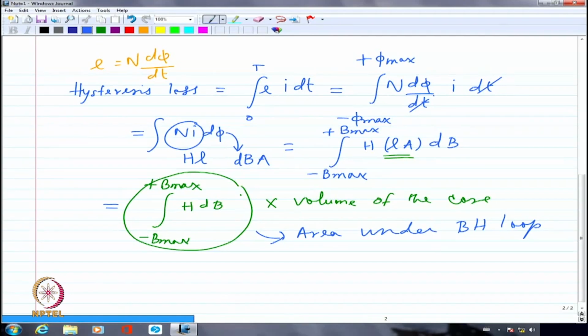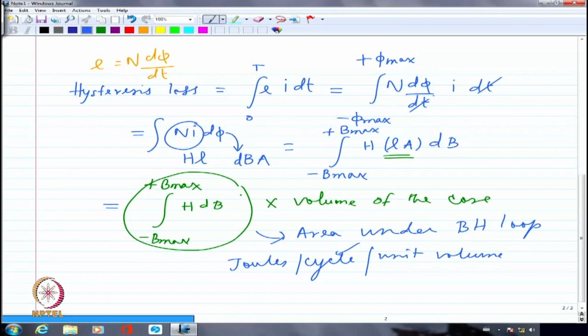Then the area under the curve gives me joules per cycle, because for one cycle it traverses one BH loop. If I go through the cycle again, it loses that much energy again, which is covered under the area of the BH loop. So it is loss in joules per cycle per unit volume.